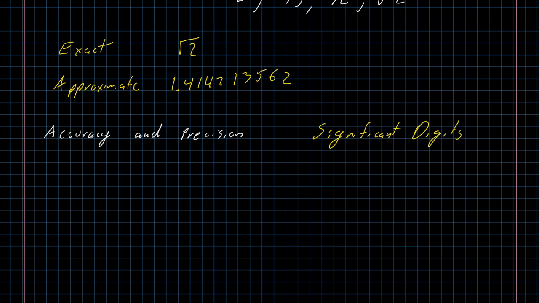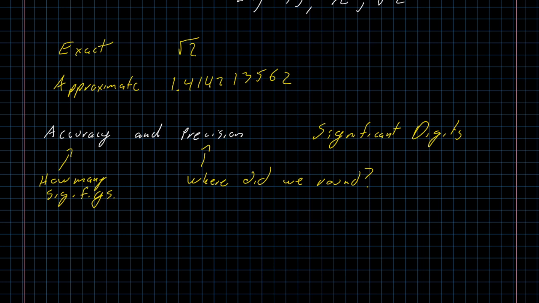When we talk about accuracy, we are asking how many significant figures, I'll abbreviate that, I'll call it sig figs for significant figures or significant digits. All right, just a little bit less to write. And when we're asking about precision, we are asking where did we round?